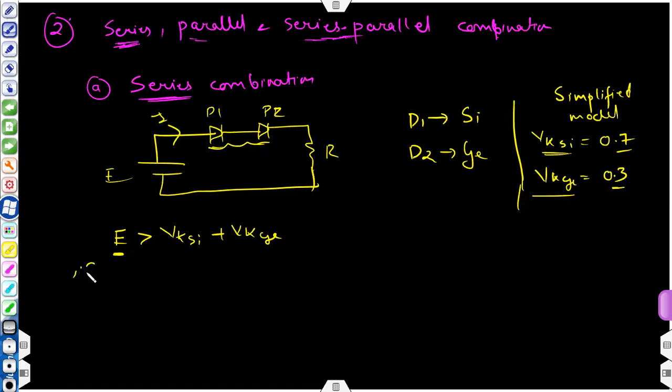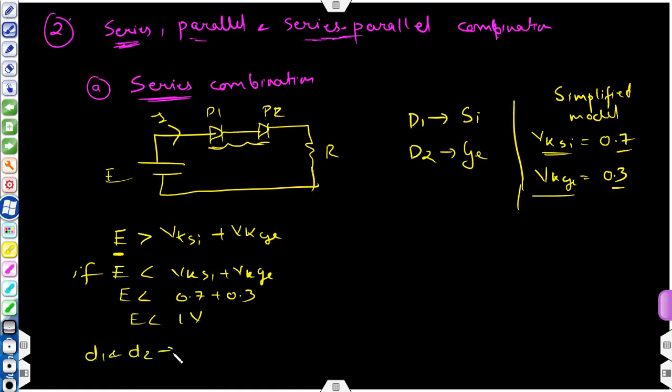So if E is less than Vk Si plus Vk Ge, so if E is less than 0.7 plus 0.3, E is less than 1 volt, D1 and D2 will be in off state. And the equivalent circuit will be something like this. Both will be in off state.